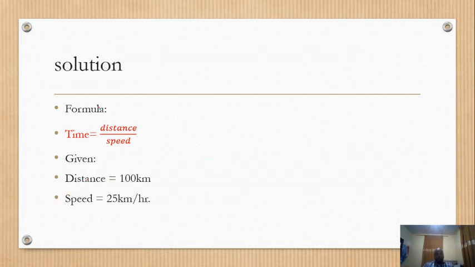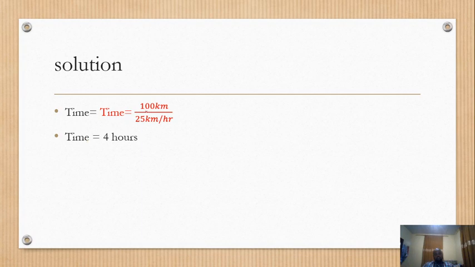Okay, we start with the formula. Time is equal to distance divided by speed, given distance, which is 100 kilometer, speed, which is 25 kilometer per hour.